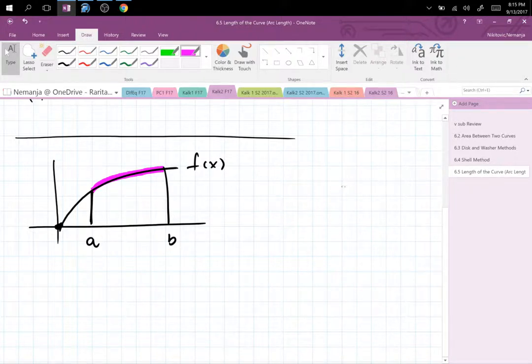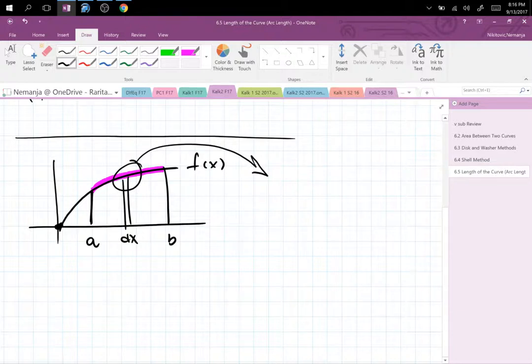So there is a mathematical formula which is very easy to derive using the Pythagorean theorem. What we do is we cut a small portion, call it dx. In that small portion, if you blow up this piece, you will see a curve there, which we approximate by a straight line.